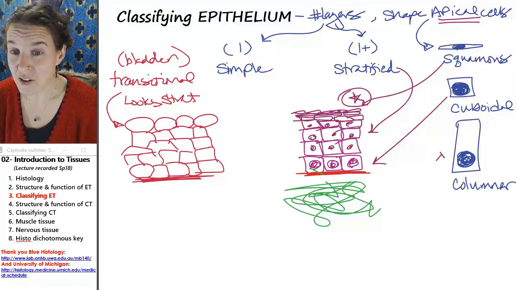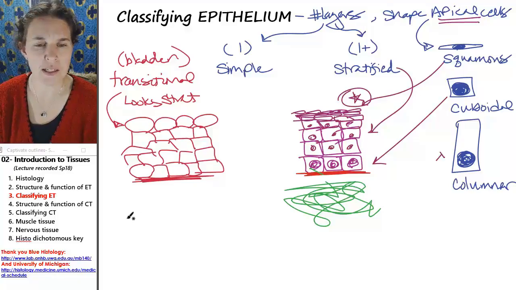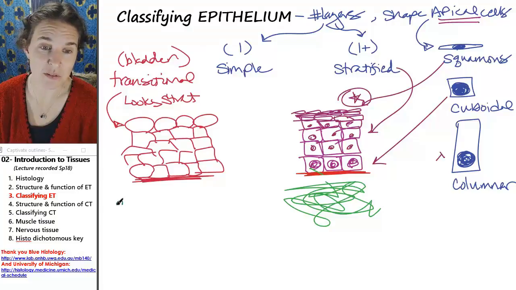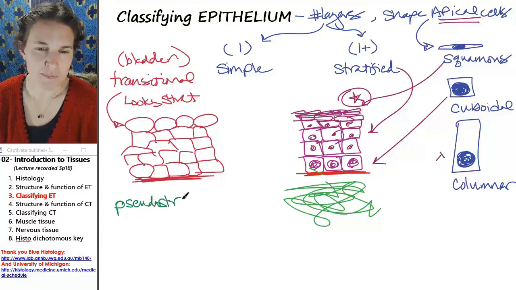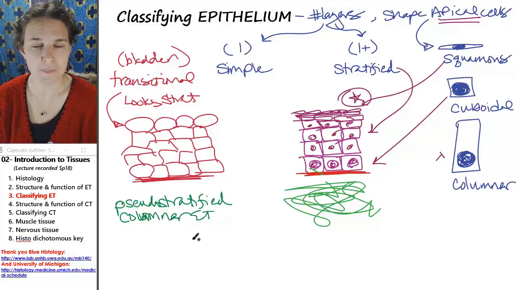The other tissue that's unique is one that's going to look like this. It's actually simple. Okay, but it's called pseudostratified columnar epithelium.